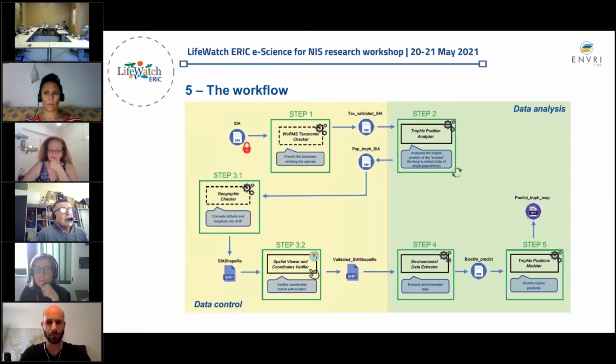After the validation of the datasets, in a second step, the trophic positions will be calculated, and an intermediate dataset, including only the coordinates and the trophic position estimations, will be checked in terms of coordinates.